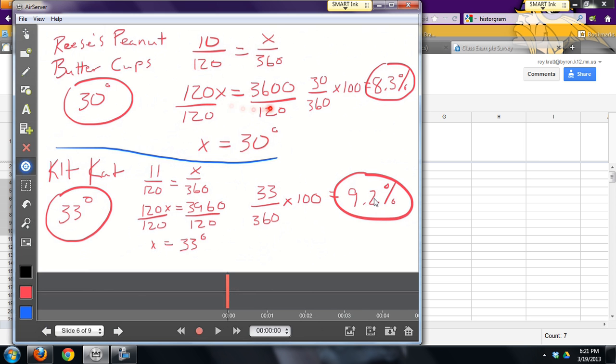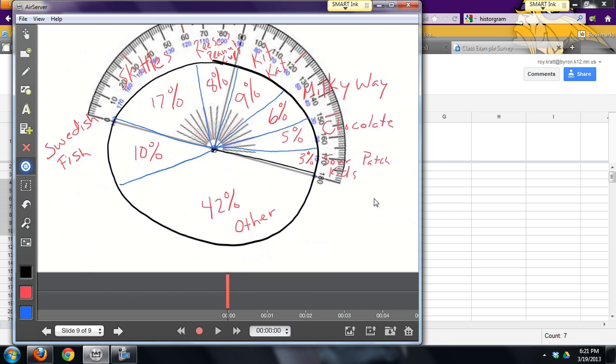Okay, so you're going to have to show all this work and work it out. You can do that on paper. If you wanted to do it on Explain Everything like I'm doing right now, it's fine, but you could do it on paper. You could even do your circle graph on paper and then take a picture of it with your iPad. So you don't have to do this on your iPad. I just tried to do it on my iPad so I could show you a way.